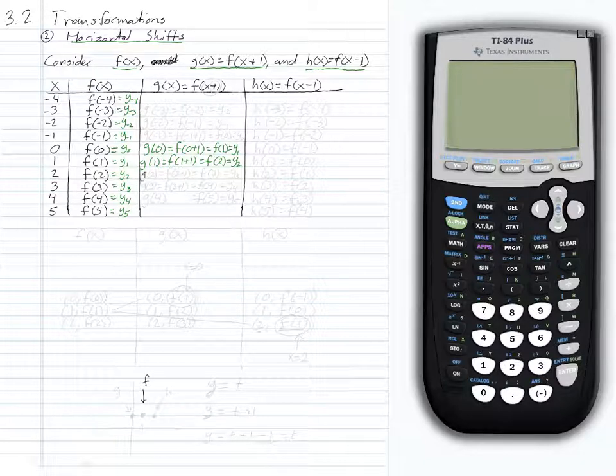We'll keep going. g of 2 would end up giving us 2 plus 1 inside the function f, which gives us f of 3, in other words, the y-coordinate of the original function when x is 3.